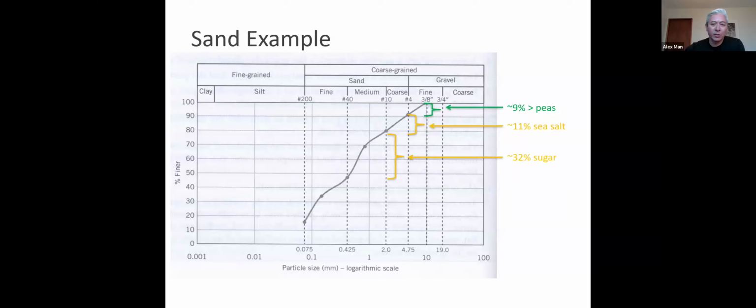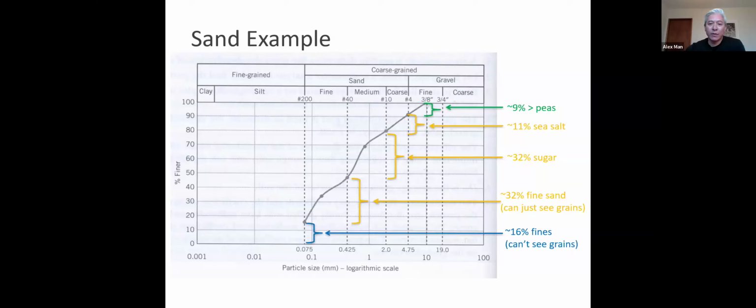Then 32% sugar, 32% fine sand, and you can just see this stuff with your eyes. It's basically just above that silt mark where you're not quite powdered, but you can see the individual grains. At the very bottom of this sample, 16% passed as fines. You can't see these, and this is what we need another test for.